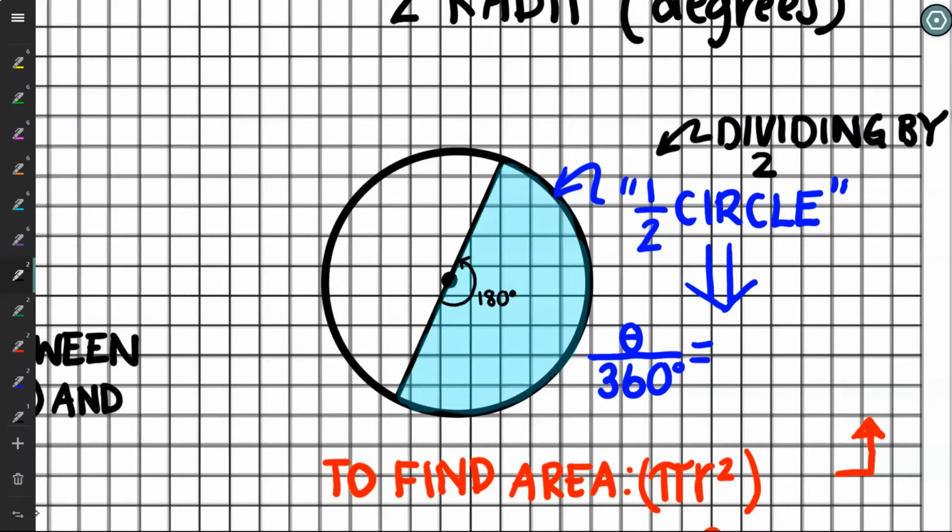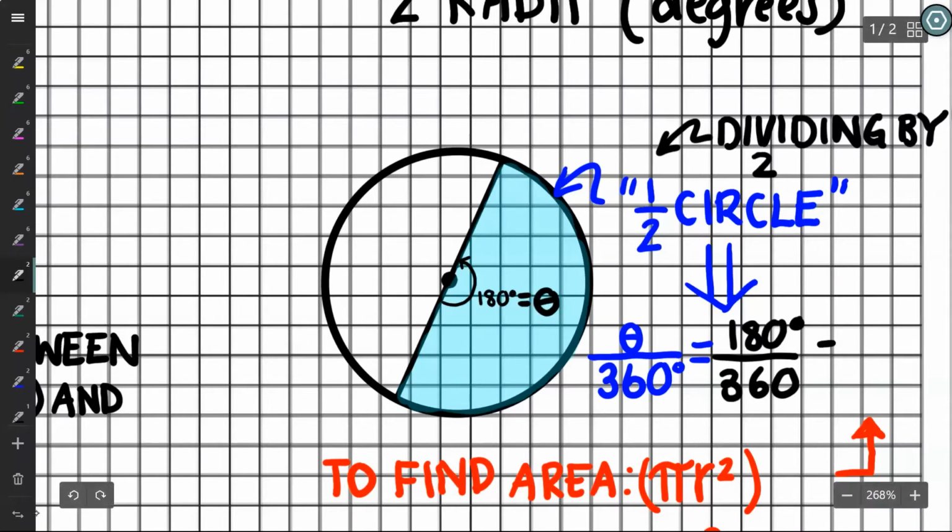And that's how I got this theta here in the center, is I took my total degrees, which is 360, and divided it by 2 to get 180. And now we're going to use that relationship between our central angle, which is 180 degrees, and our total degrees, which is 360, to figure out the relationship between a half circle and a whole circle.